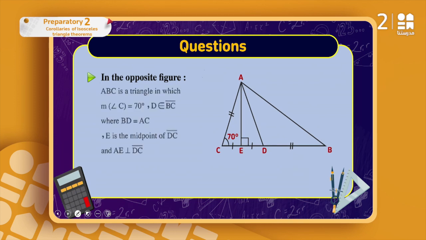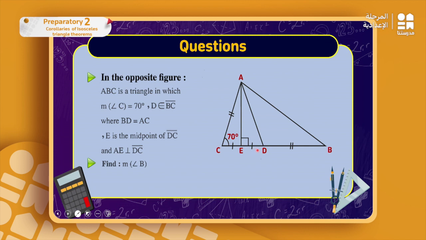Let's look at an example like this one. Okay, here he says given that here a triangle named ABC. Let's use our pointer. Triangle ABC, measure angle C, as you see here, equals 70, and D belongs to BC line segment, and BD equals AC.